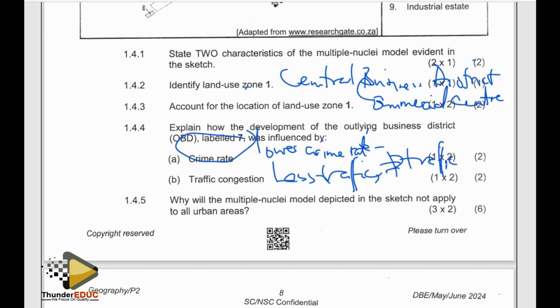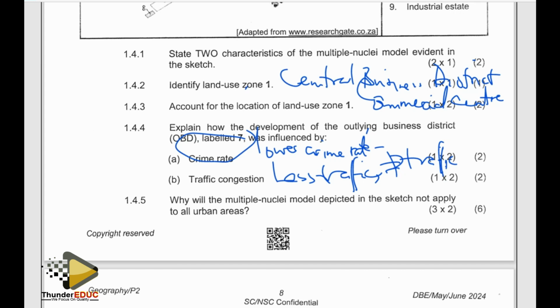A lot of people do their businesses in the CBD, and hence there are so many vehicles that tend to go to the CBD. But in the outlying business district, we have fewer people doing business, and hence the volume of traffic is limited, and it's easily accessible because of limited or almost no traffic congestion.